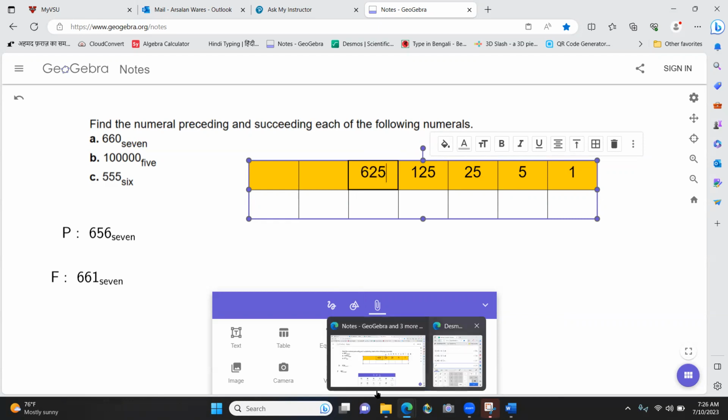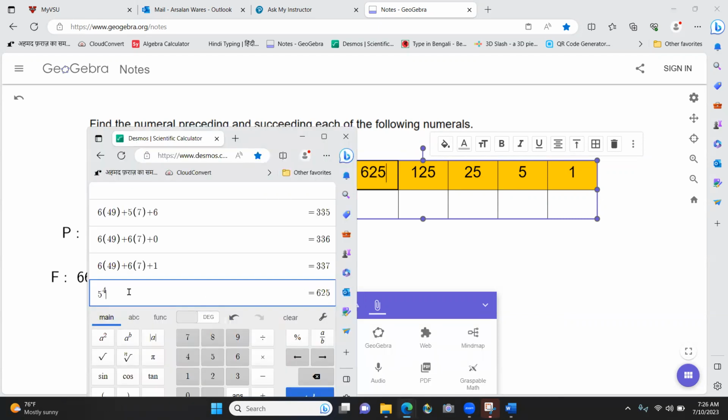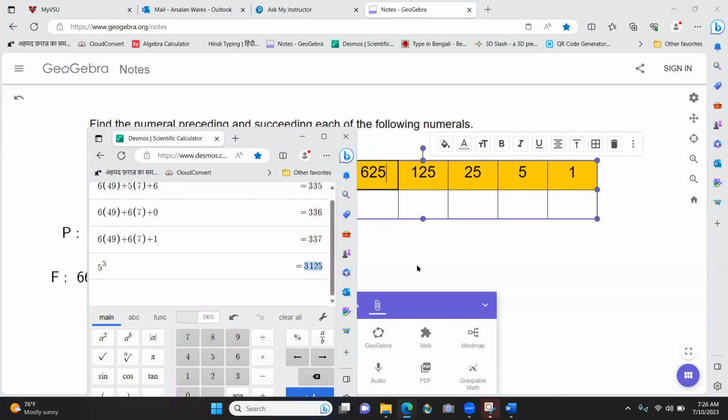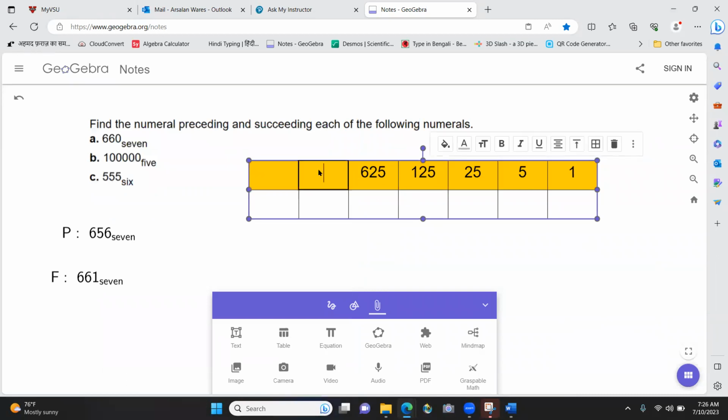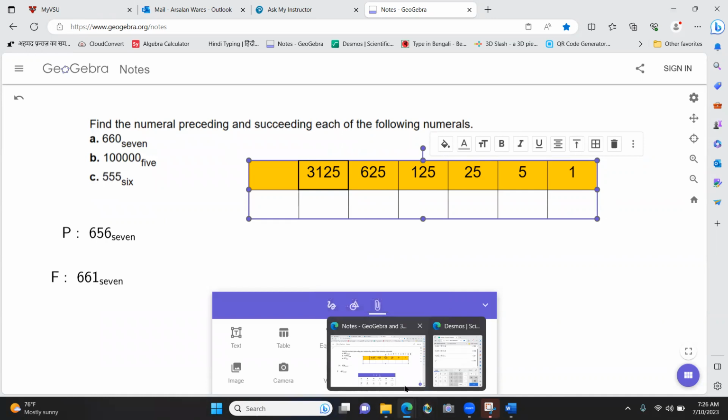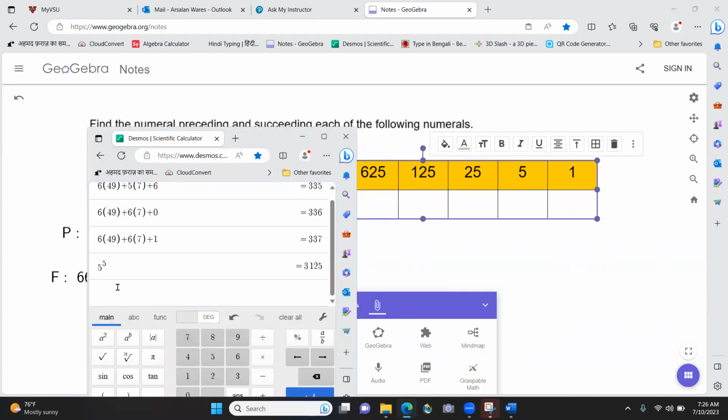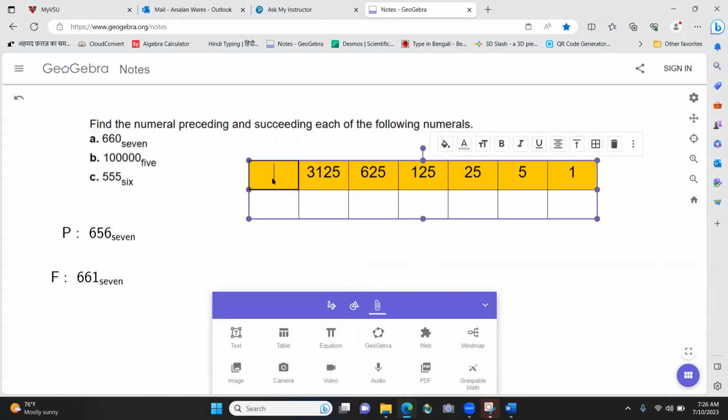And 5 to the power 5 is 3,125. And the next one, 5 to the power 6. That's just a definition of place value, right? In any base. Not bad.